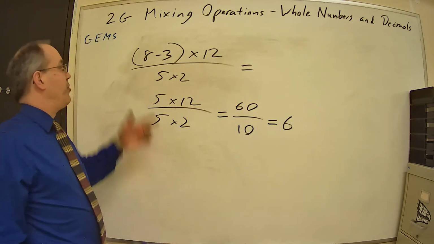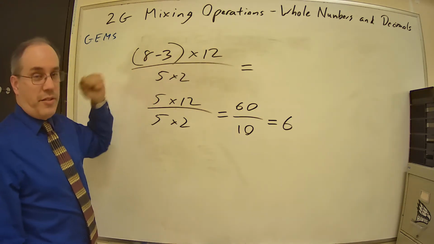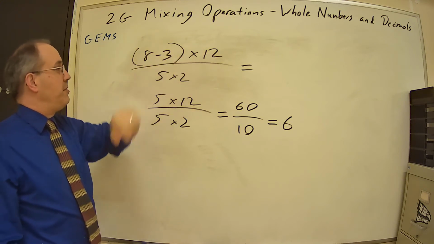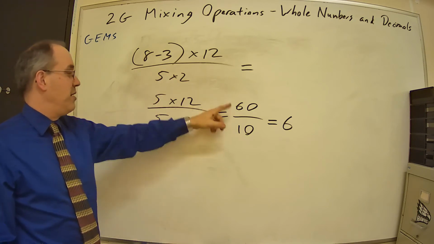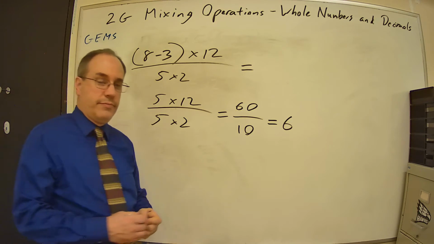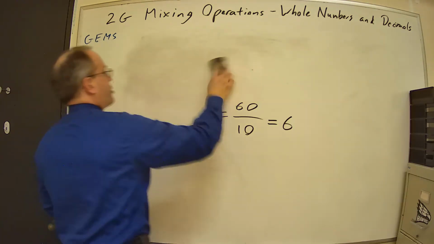So working our way through. So we had grouping. Inside that grouping had another grouping, and we did the subtraction. Then we took our multiplication and did that, and down here we had a grouping, 5 times 2, so we did that. And then we were able to divide and get our final answer. Let's take it up another notch.